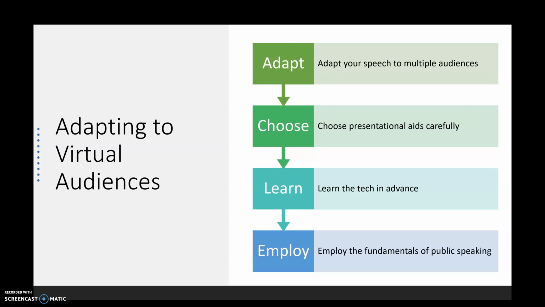So if you're using Teams, kind of play with Teams a little bit ahead of time. Same with Zoom, or Screencast-O-Matic. Whatever technology you're using, go ahead and learn a little bit about it before the exact moment of the speech so that you know how to use it. And that'll make you look more confident, and it'll make you less anxious. And then, as always, employ the fundamentals of public speaking.